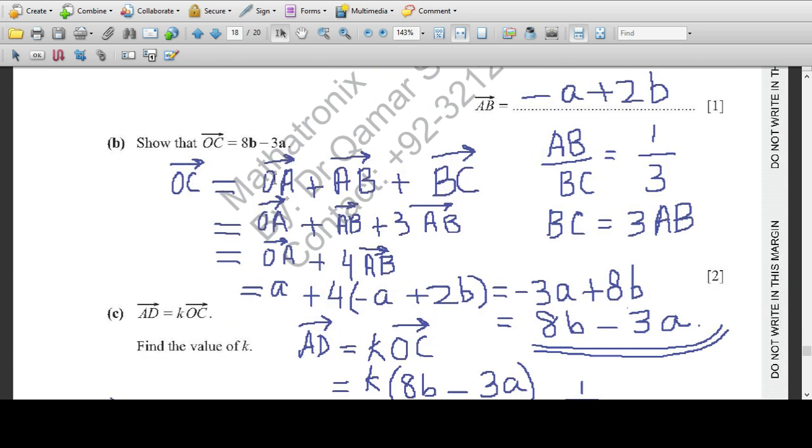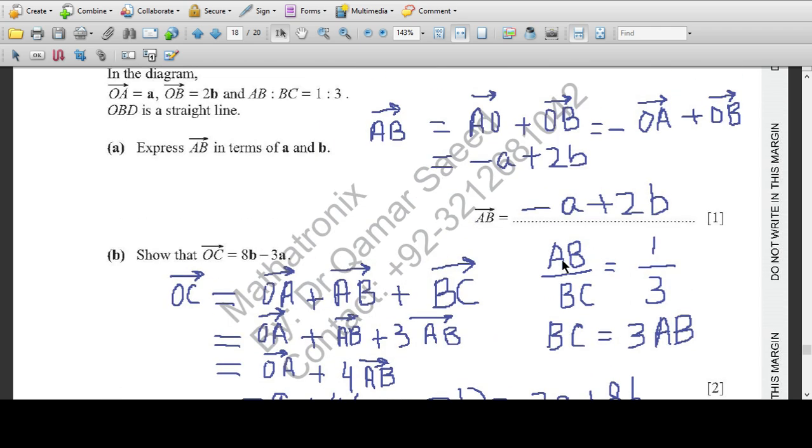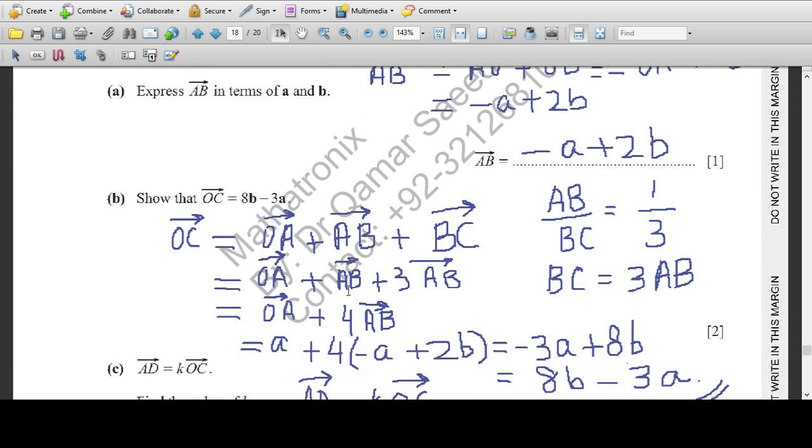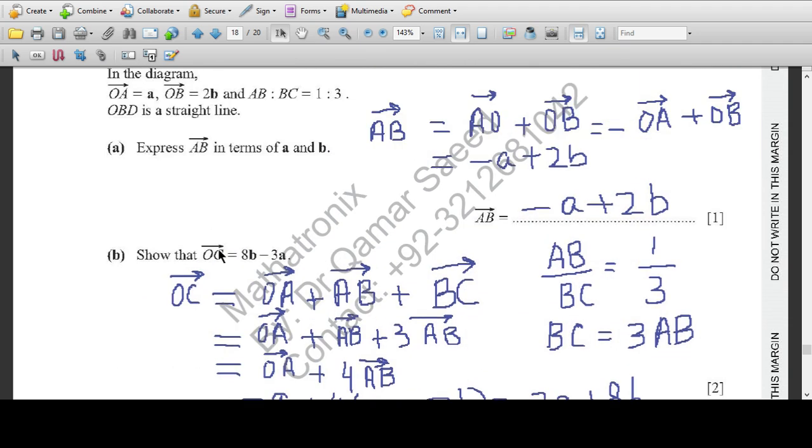So OA is a, this is AB, and BC is given as AB upon BC is equal to 1 upon 3. So BC is equal to 3AB. So in place of BC, we can write 3AB. So 3AB and AB is 4AB, OA plus 4AB. In place of OA, we can write a, and 4AB, where AB is obtained as minus a plus 2b, multiplied by 4, which gives minus 3a plus 8b. So 8b minus 3a is obtained. So this is shown here in part B.